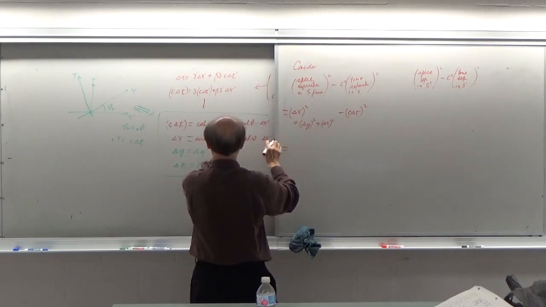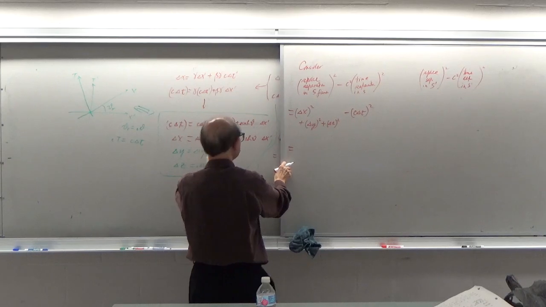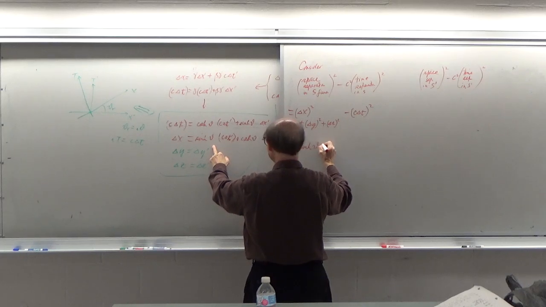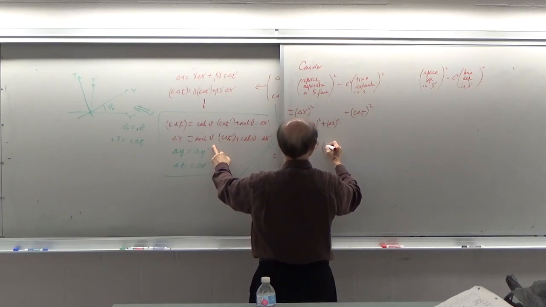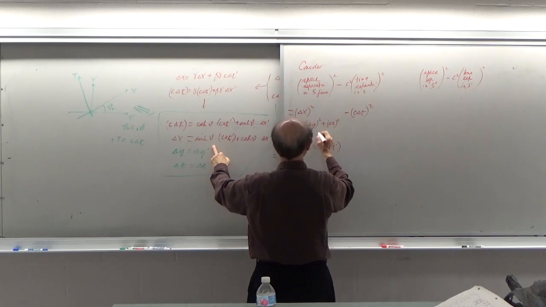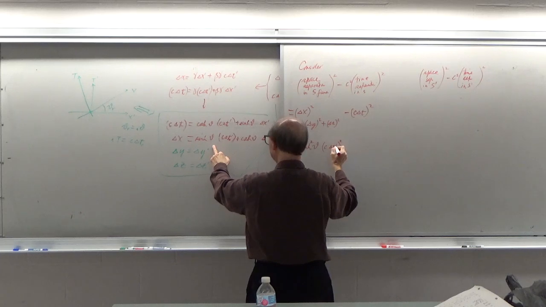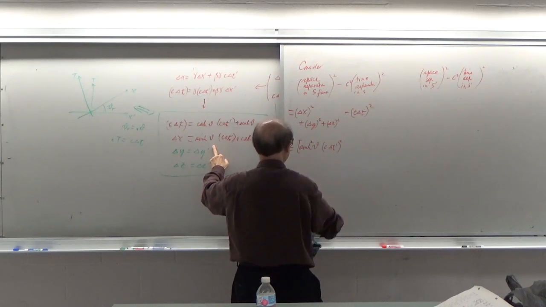Delta x is given by this. So let me copy it down: sinh theta times c delta t prime, squared. I'm sorry, I haven't finished.